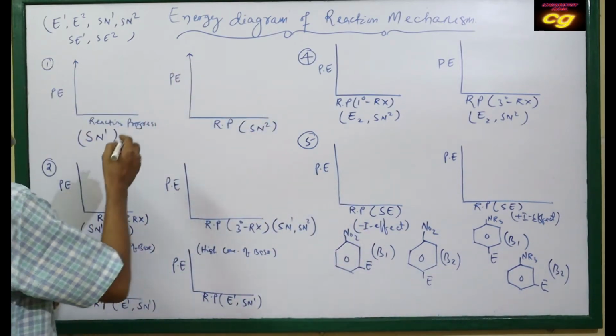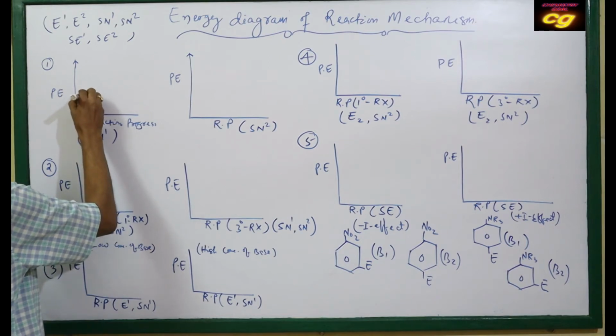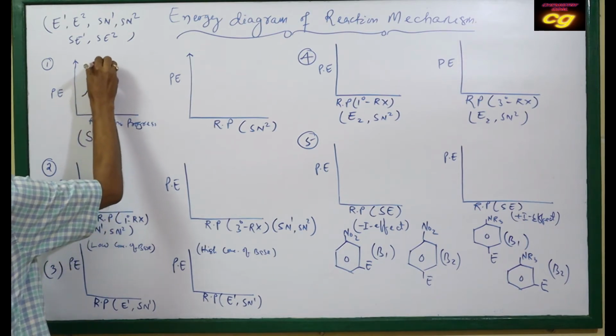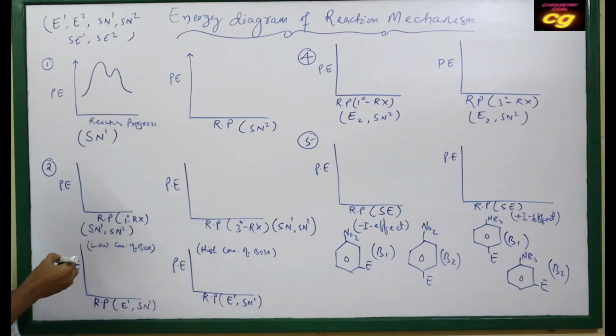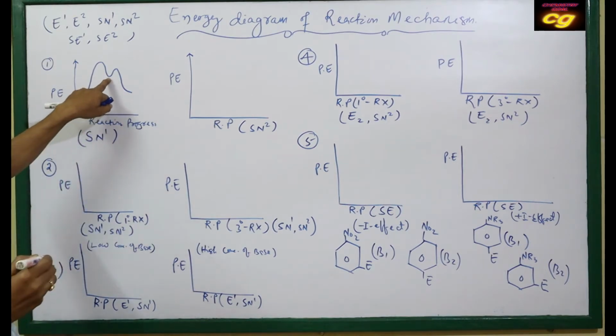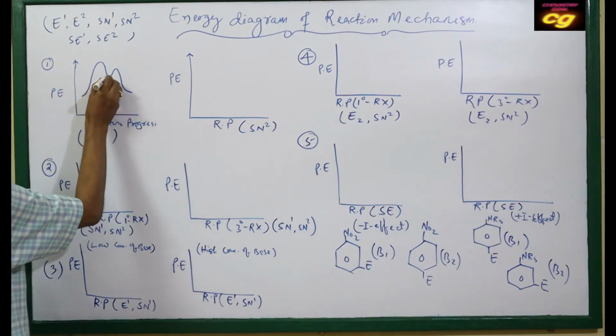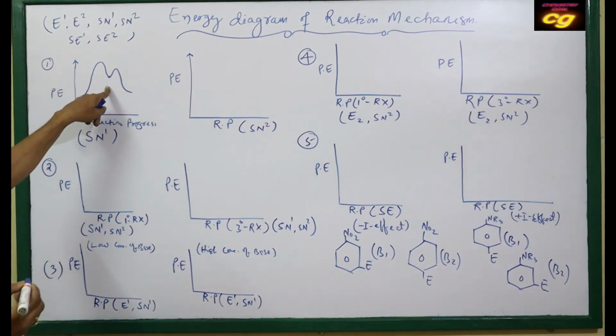So it moves like this, first step, then second step. So this is your formation of intermediates. This step is the formation of intermediates. This is your SN1 mechanism.